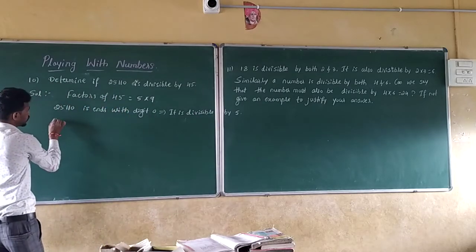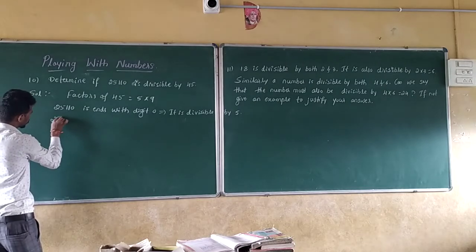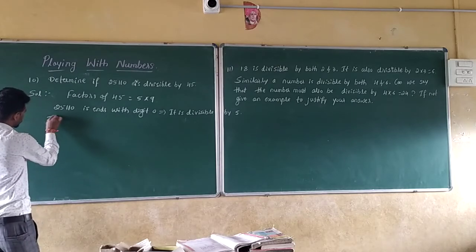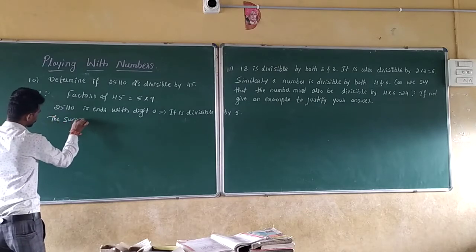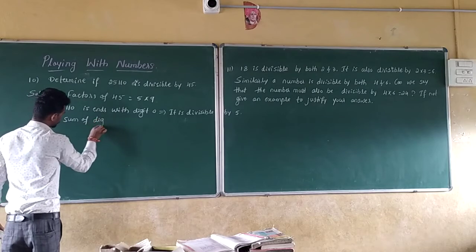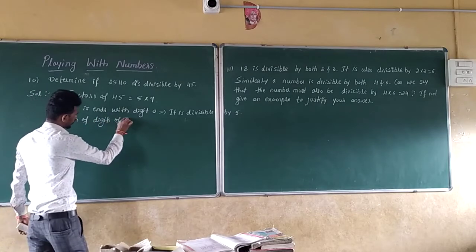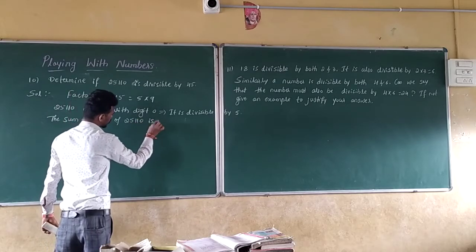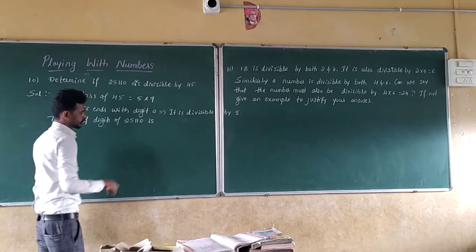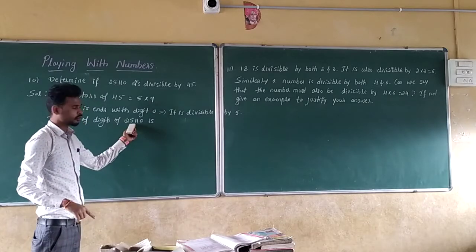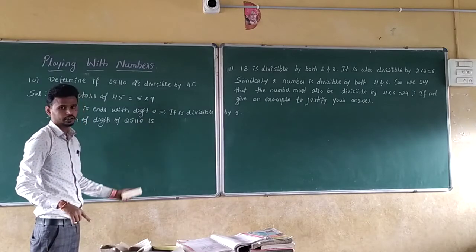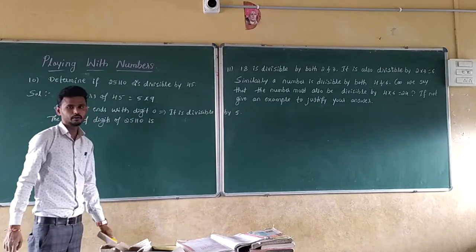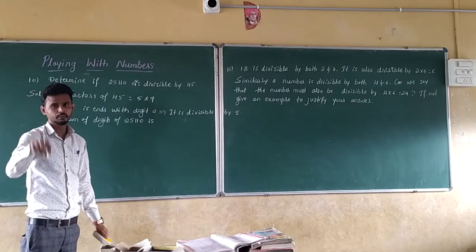Similarly, next, the sum of the digits of 25,110 is, what is this? 2 plus 5 is 7, 7 plus 1 is 8, 8 plus 1 is 9, 9 plus 0 is 9. So if the sum of the digits of a number is divisible by 9, then the number is divisible by 9.